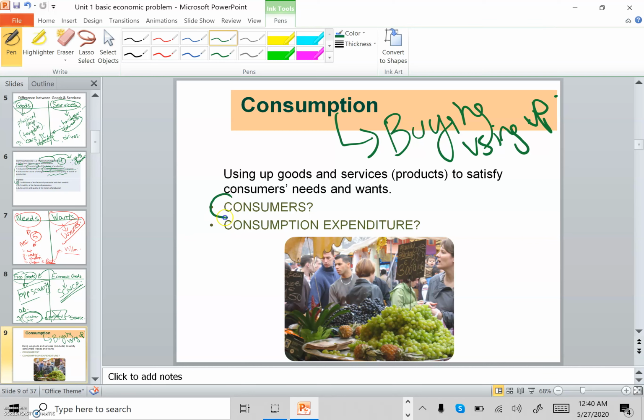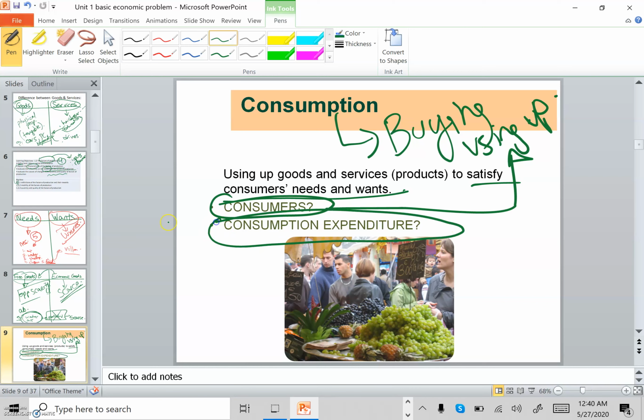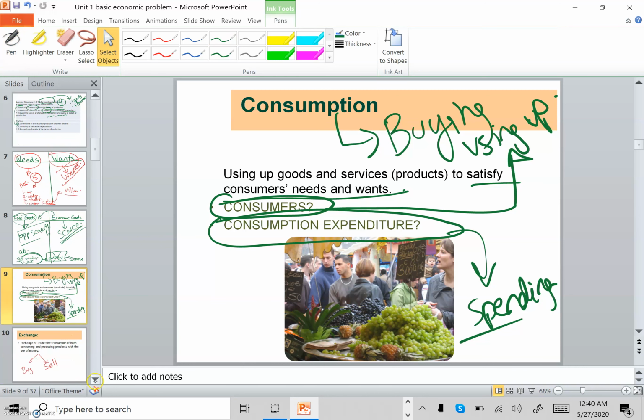So consumers, who are they? They are the people that buy or use up goods and services, definitely in order to satisfy our needs and wants. Consumption expenditure is another term that we will explain, and expenditure means spending. So when we spend money in order to buy the goods and services.